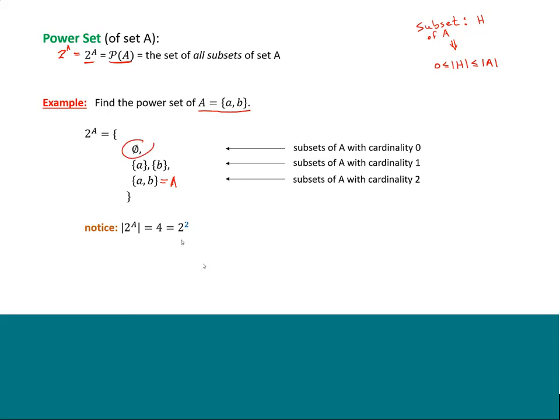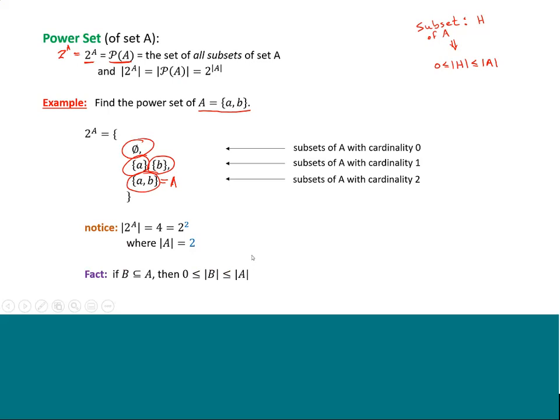So it's this guy, empty set, the set of just A, set of just B, and the set of both A and B. The weird thing about counting cardinality of a power set is, for many people, it does feel very different than cardinality of other sets, but it's the same thing. You're just counting the elements, except now all of your elements are sets, which is, ooh, close. So I think you might be onto something there.